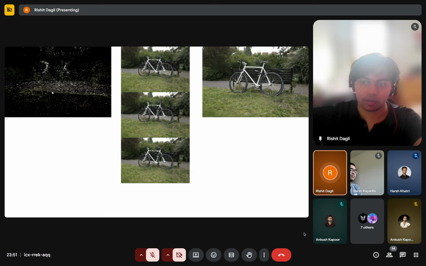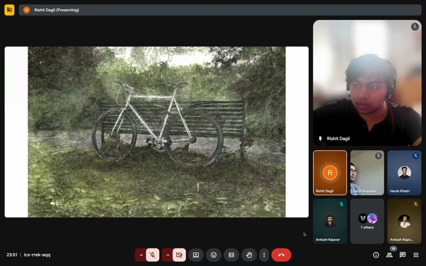You can put the canvas anywhere and splat onto it. Then you do a bunch of optimization. You move around the Gaussians, make Gaussians smaller, merge Gaussians, all of this stuff, and finally that gives you a good-looking 3D scene, which under the hood is just composed of a bunch of Gaussians.